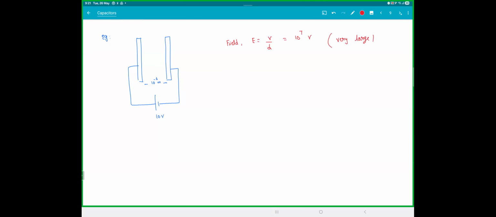There will be a dielectric breakdown. So decreasing distance to increase capacitance is also not a good idea. Up to some extent, it is okay, but more than that, it leads to dielectric breakdown.